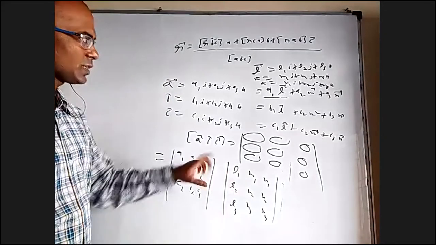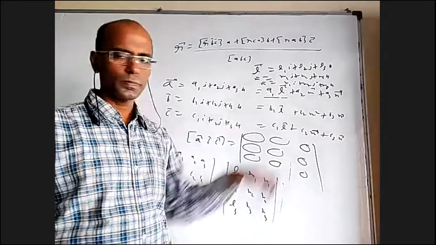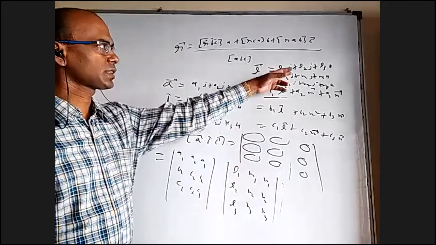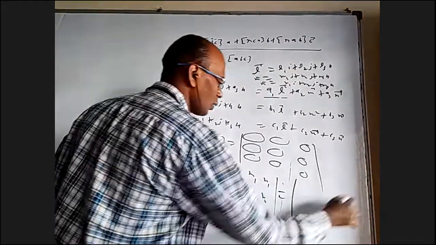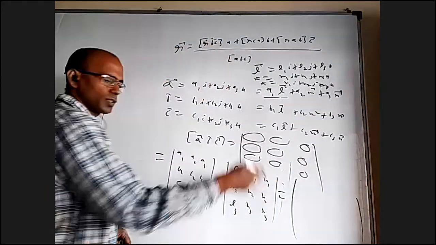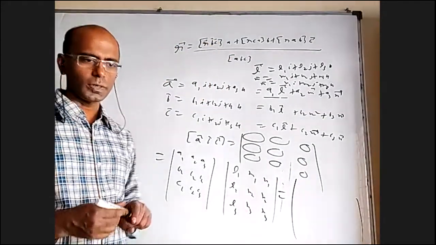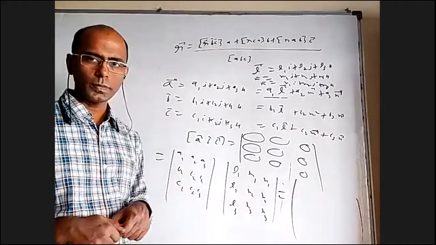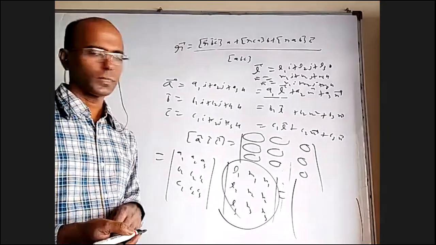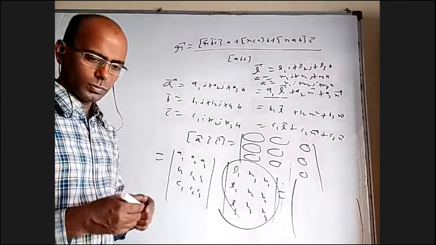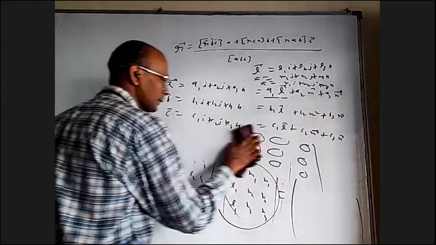You take this into I, that is only the I coefficient. Take this into J, that is only the J coefficient, and K coefficient actually. When you really expand and write all the things, that is exactly this. All of you know how to multiply two determinants or two matrices, right? Now this can be replaced with box element. So I'm just removing some parts and then writing again.